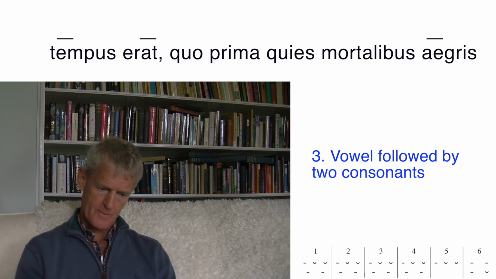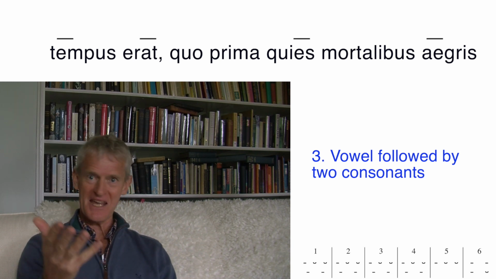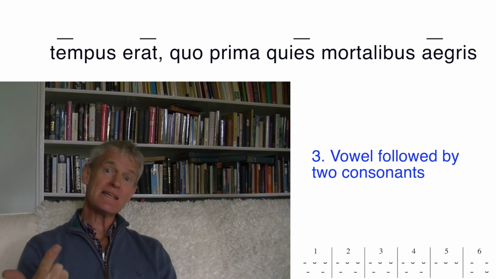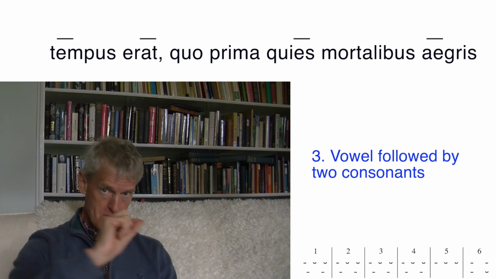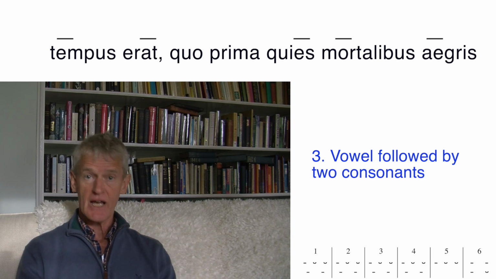We mark it as long. Okay, then the O of mortalibus. Now that O is followed by an R and a T, so it must be long. We mark it as long. Mortalibus. Then we got R, no, don't know, and then that's it dealt with.